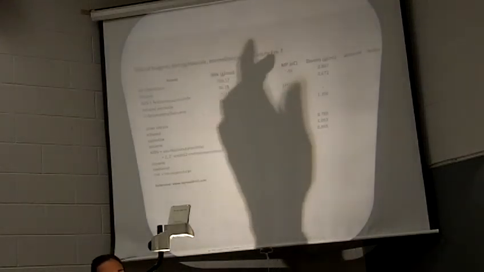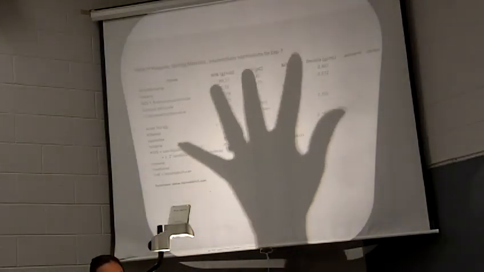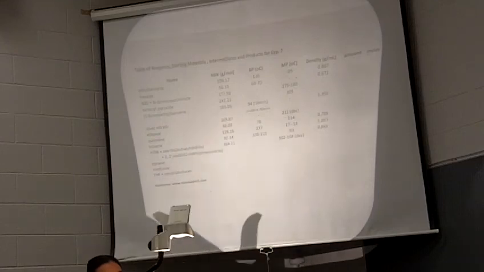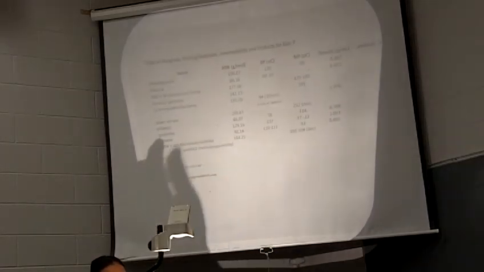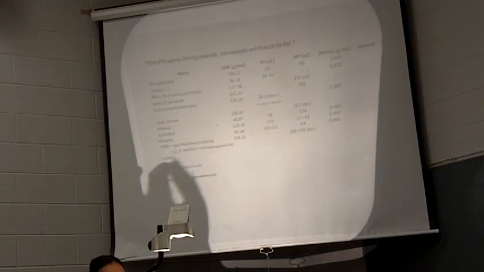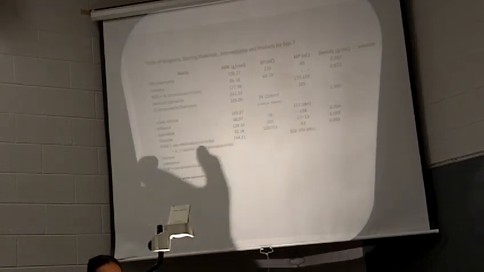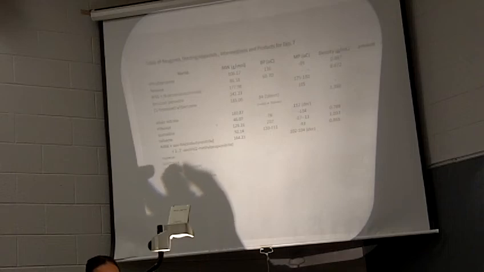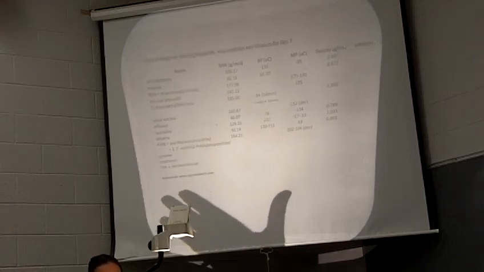So it's partially there. We've got molecular weights, boiling points, melting points, depending on what applies, densities. Down here are some things that still need information. So the styrene, the methanol, and the THF haven't been filled out. So you still need to fill out information here, okay?